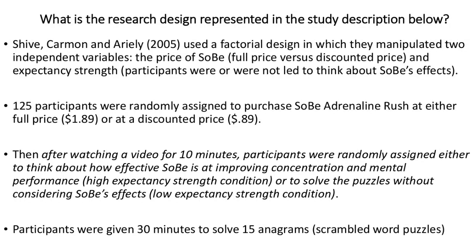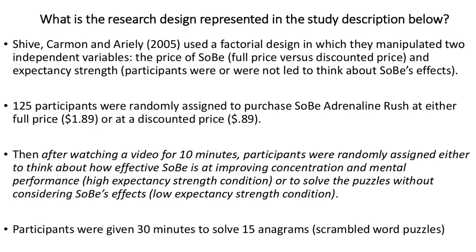So where was expectancy strength manipulated? Basically, the participants were randomly assigned to purchase SOBI adrenaline rush at either full price or at discounted price. So they were randomly assigned to 2 groups. Then what happened?